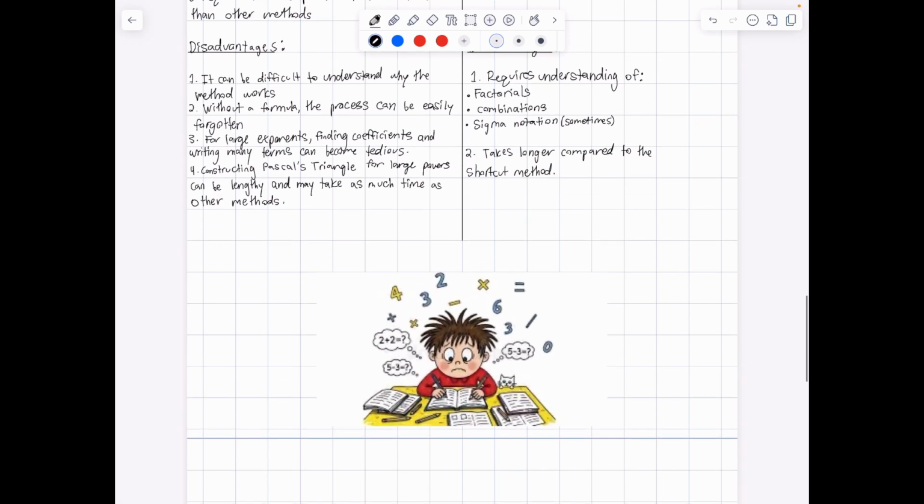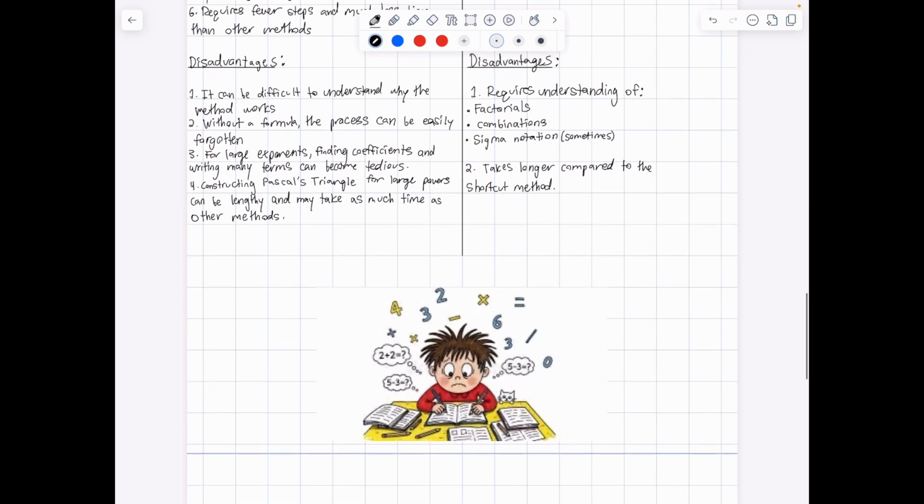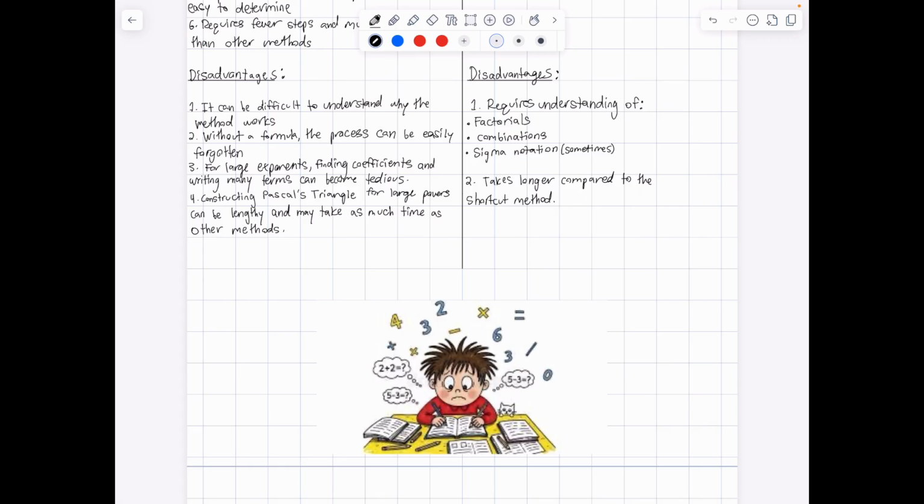Now, I'll be answering the second part of the reflection question. Which method would I choose if I was teaching a grade 8 student to expand a cubic binomial? Well, I would choose the shortcut method using Pascal's triangle. This method is much faster and easier to understand at this level because it does not require complex concepts such as factorials, combinations, or sigma notation.